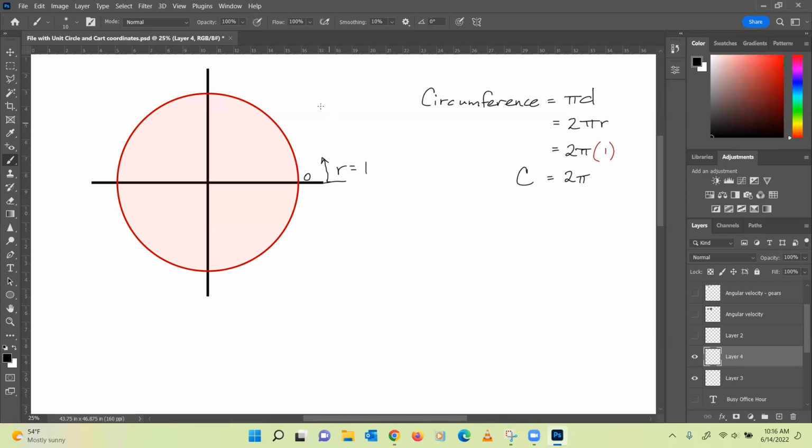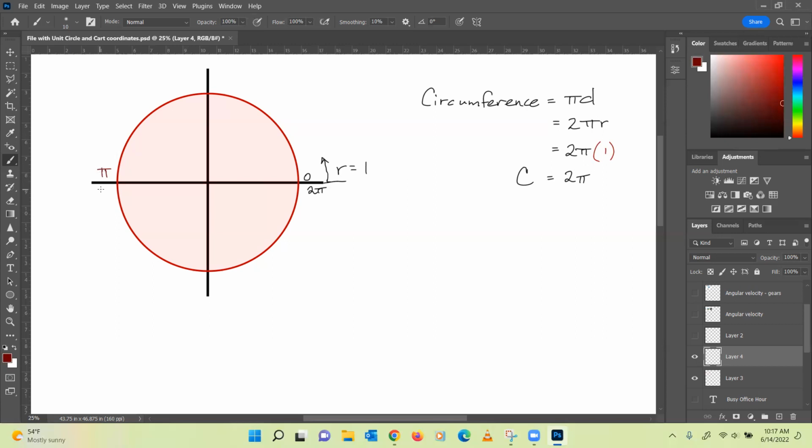And after rotating 1 full revolution around the circle, we would be at a distance of 2 pi. Now let's extrapolate on that idea just a bit. If it's 2 pi for 1 full revolution, then half a revolution would be pi, just dividing that 2 pi by 2.